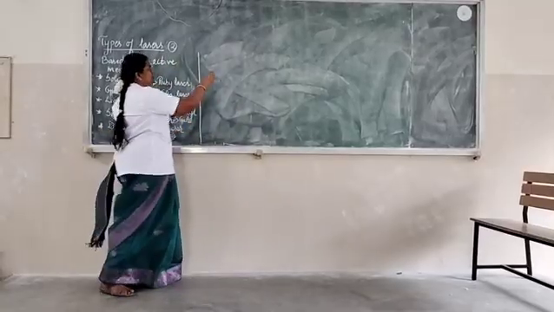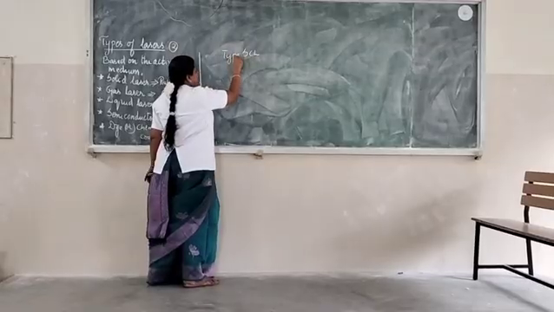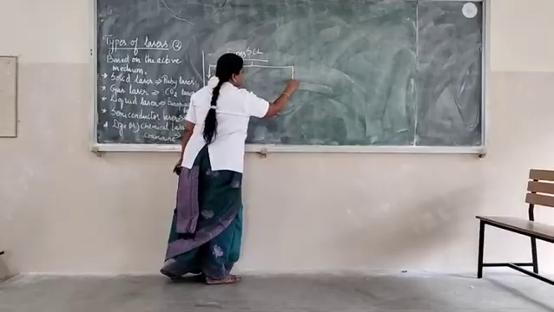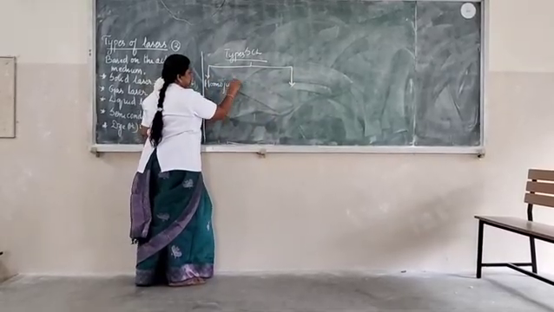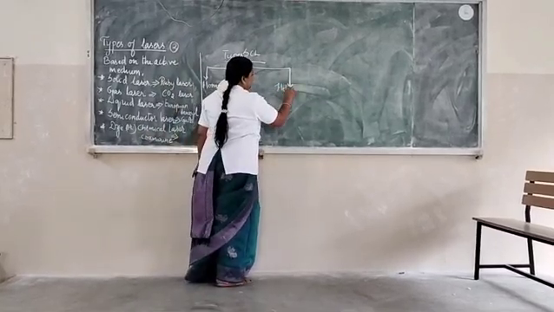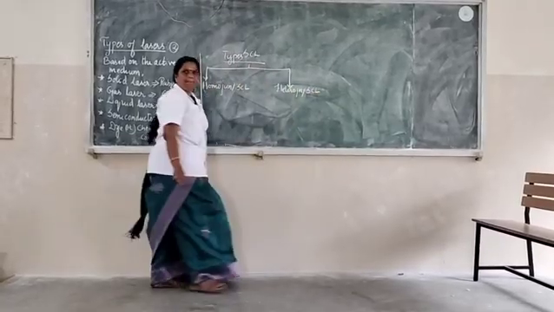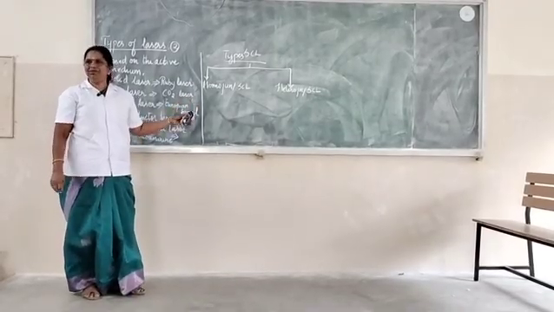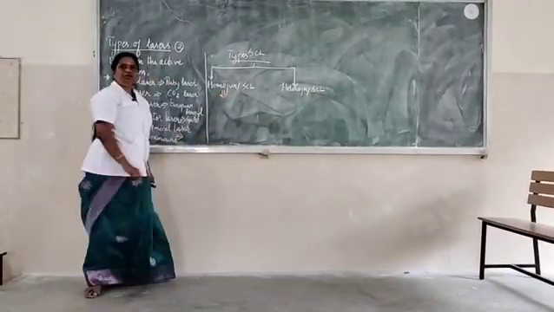Types of semiconductor laser. I can divide this into 2 types: homojunction semiconductor laser and heterojunction semiconductor laser. From the name itself it is clear: homo means single.